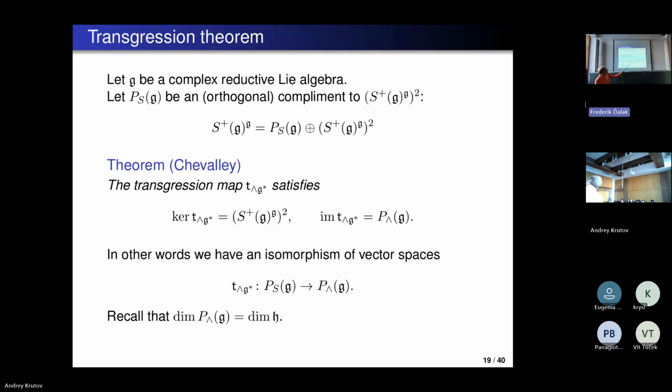Then you use the transgression map and you get information about primitive exterior invariants. Then you use the Koszul-Samelson theorem, saying that the cohomology of these groups is an exterior algebra on these generators. Okay, so this allows you to calculate it for any simple algebra. It's just that for exceptional ones it's not known. Yes. Thanks.